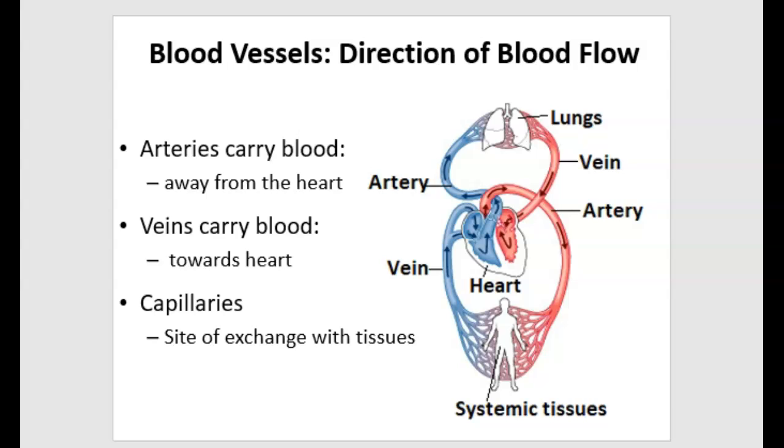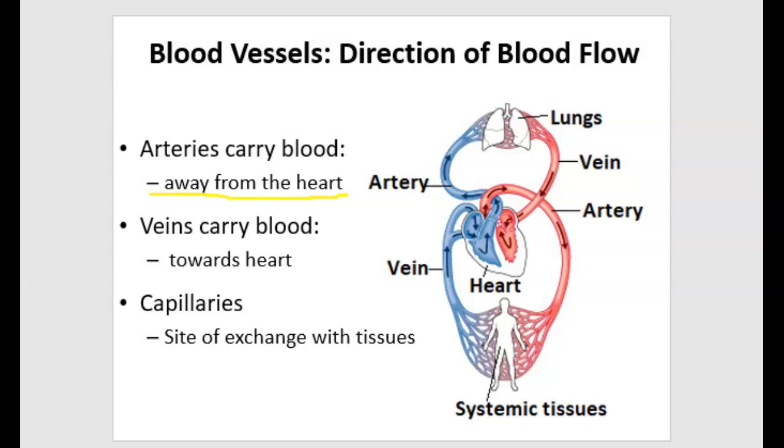Blood is circulated by the pumping action of the heart. Blood leaves the heart through arteries, which branch repeatedly until they become tiny capillaries. So the definition of an artery is that it carries blood away from the heart. Then some of that blood travels to tissues.